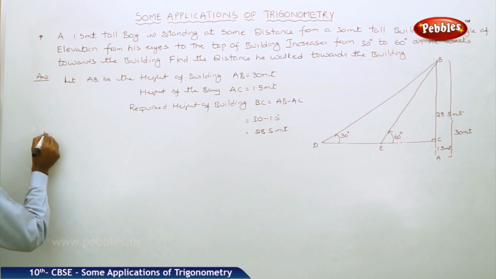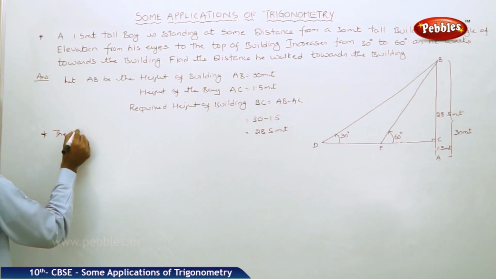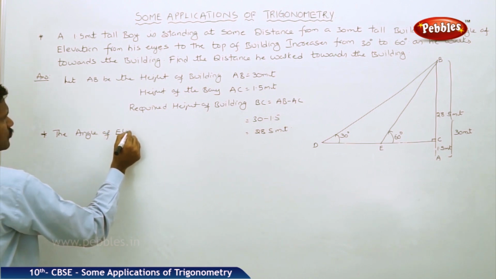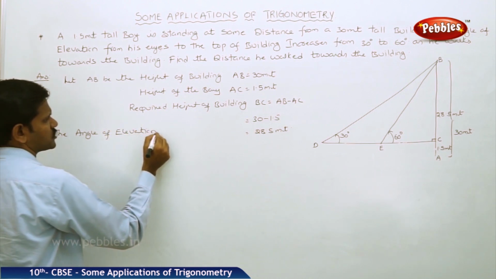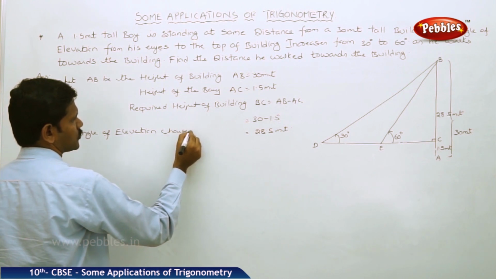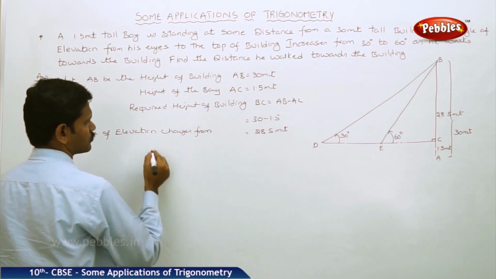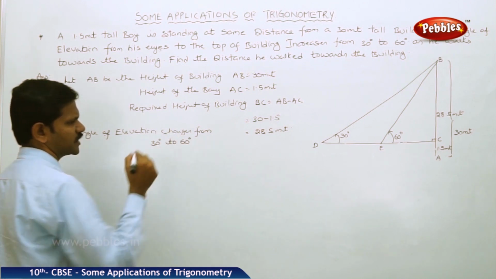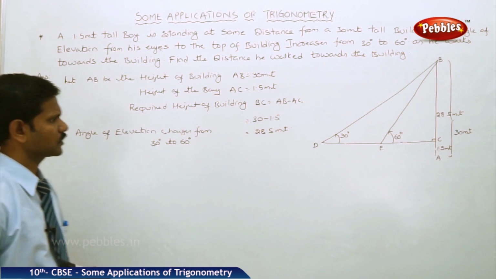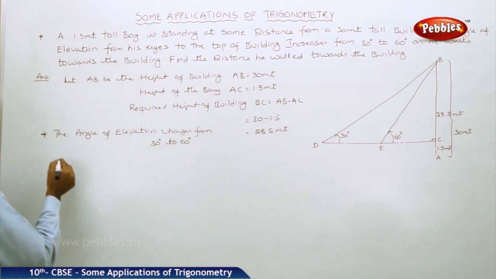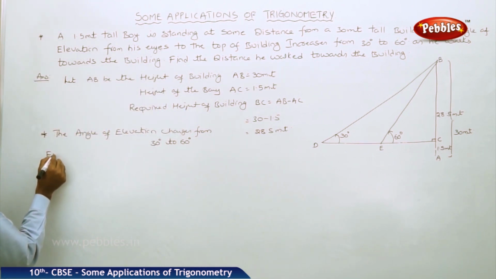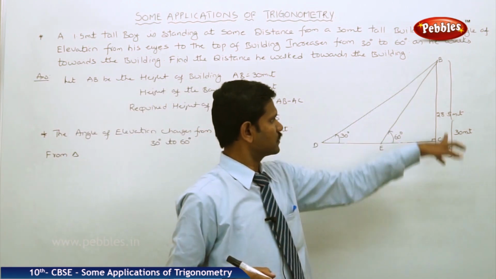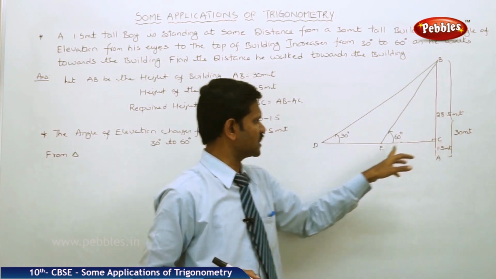Next, the angle of elevation changes from 30 degrees to 60 degrees. Now consider the small triangle, triangle BCE.